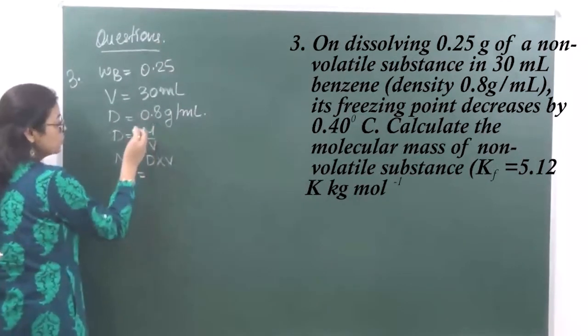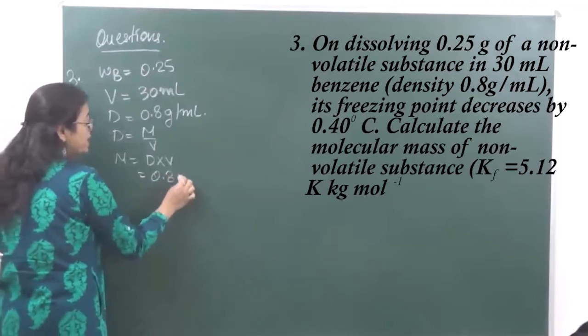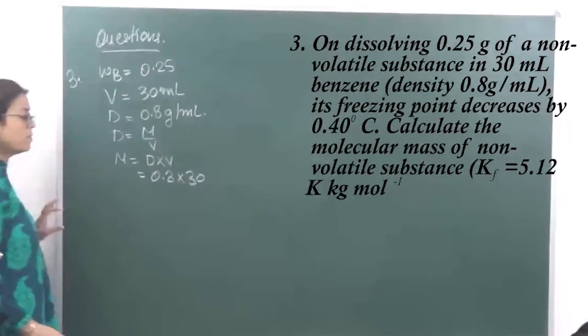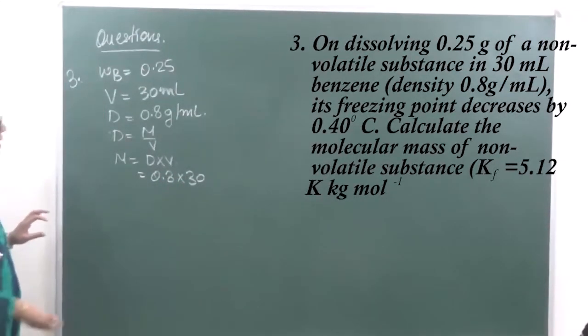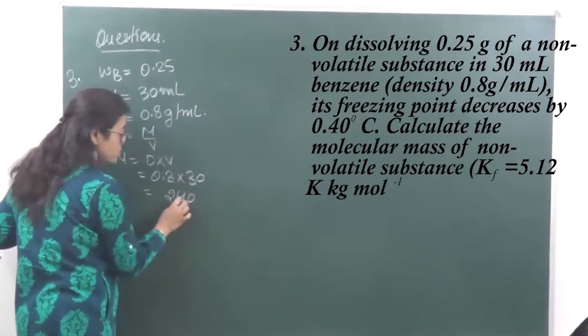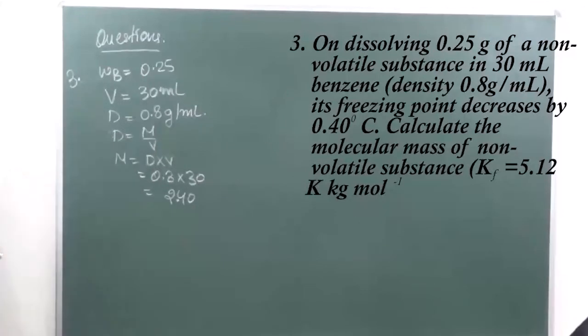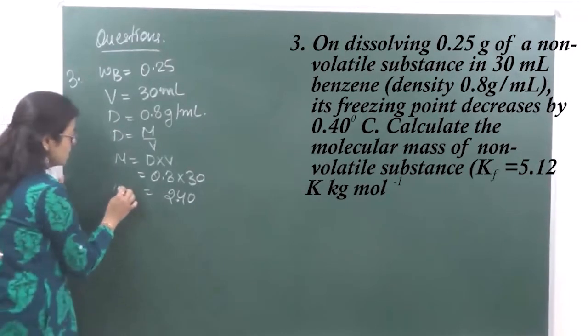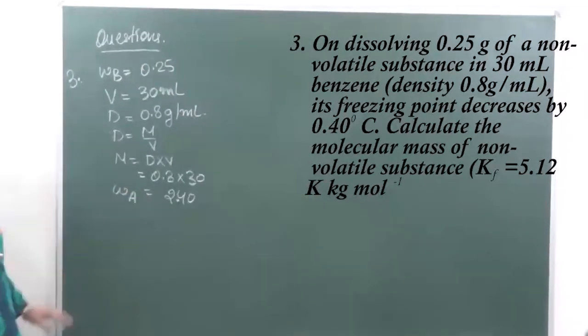Okay, density given to us is 0.8, volume given to us is 30, right? So this will become equal to 2.40. So Wa will be taken as 2.40. Okay, then they have said that its freezing point decreases by 0.40.